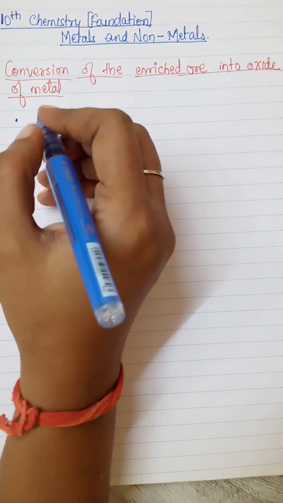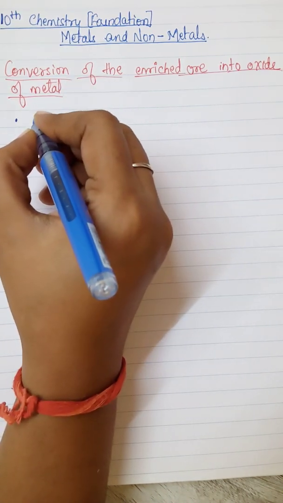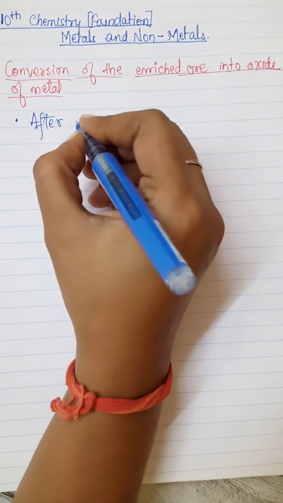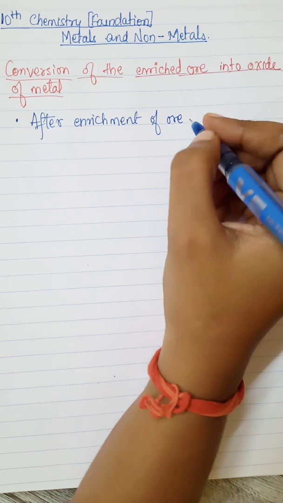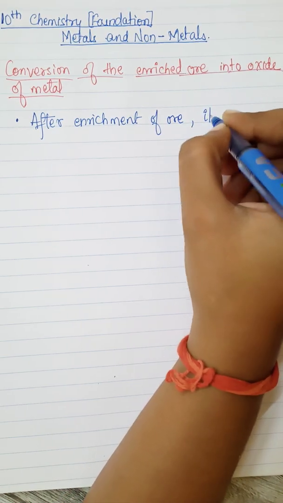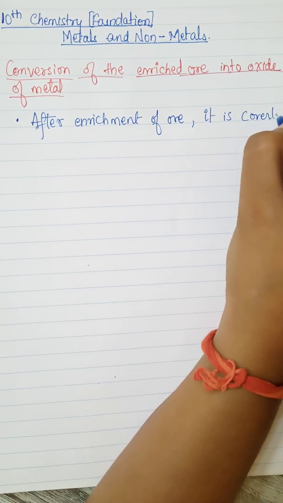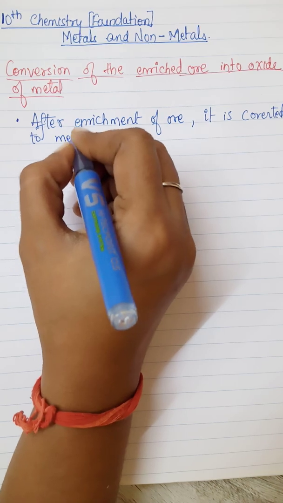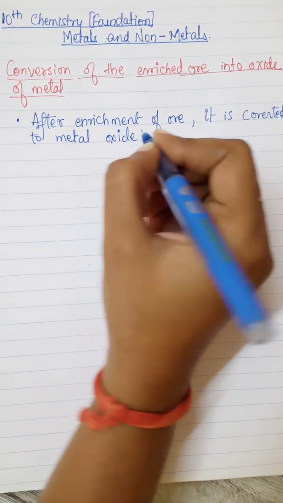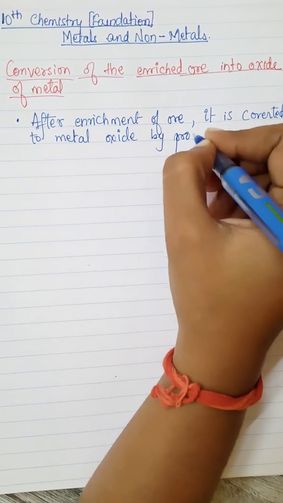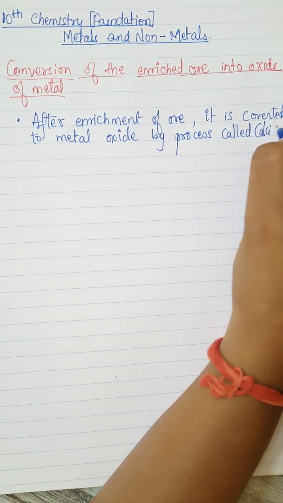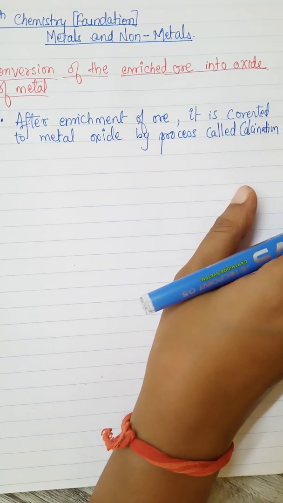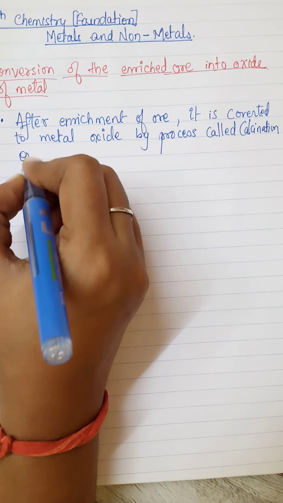So let's write it point wise. After enrichment of ore, it is converted to metal oxide by the process called calcination or roasting.